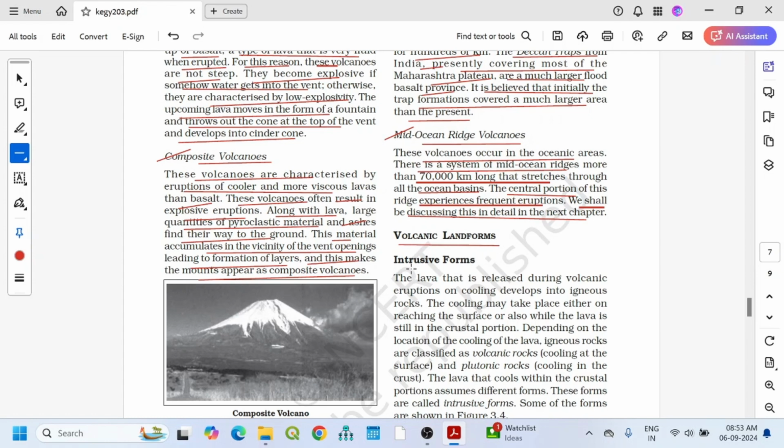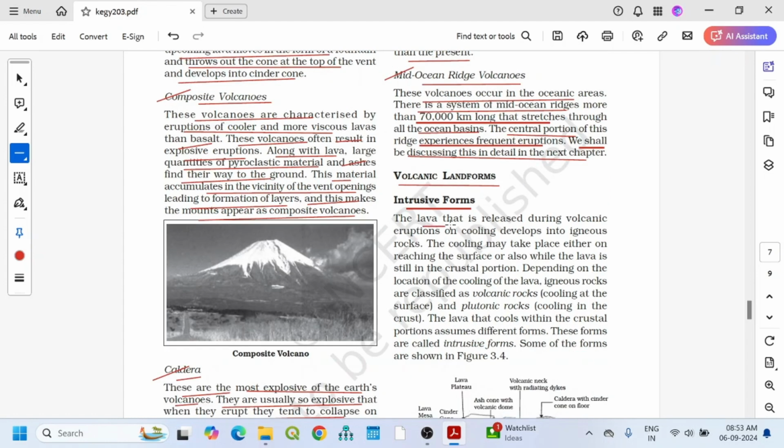Volcanic landforms. Intrusive forms. The lava that is released during the volcano's eruptions, on cooling, develops into igneous rocks. The cooling may take place either on reaching the surface or while the lava is still in the crustal portions.